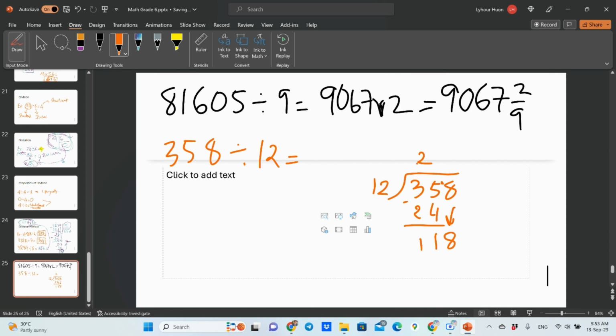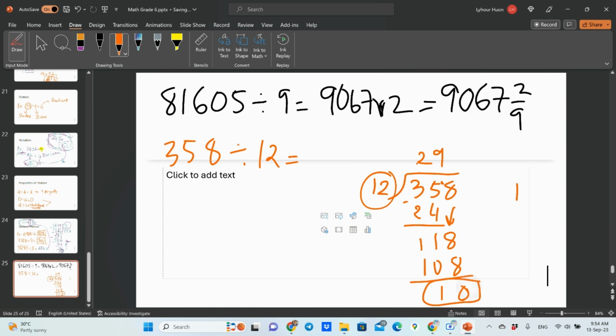Is it 9? Yes, 9. 9 times 2 is 18, we carry one. 9 times 1 is 9 plus 1 is 10, and then it's 108. So this is 0, this is 1. If the remainder is smaller than the divisor, that is a real remainder.